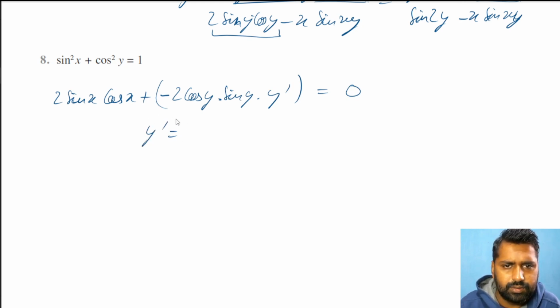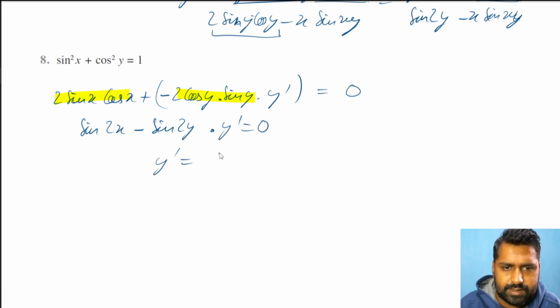Y dash is equal to, sorry, don't take y dash, let's write down one step. 2 sine x cos x can be written as sine 2 theta. This one also can be written as sine 2 theta. So sine 2x minus sine 2y into y dash is 0.